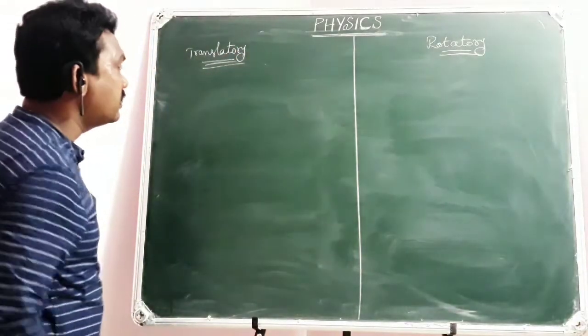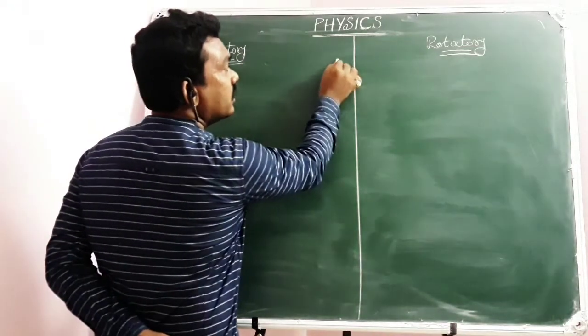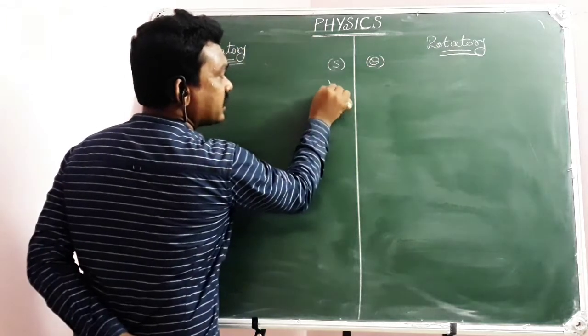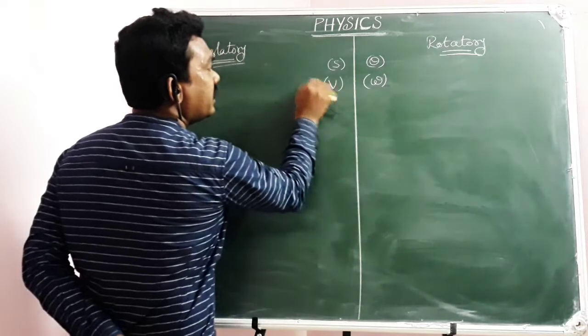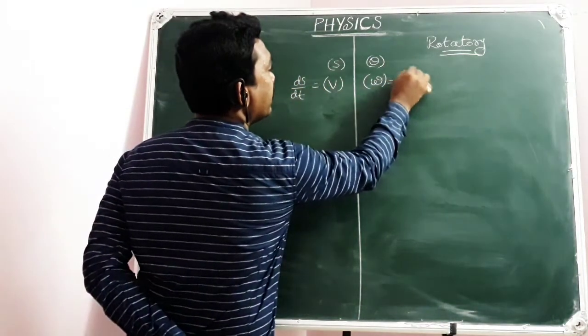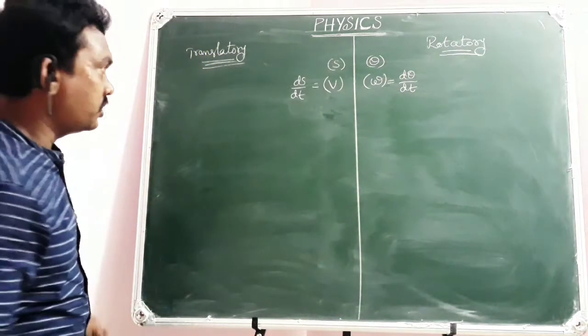Yes. So what have you learned here? If this is in translatory motion, here for displacement, here angular displacement. Here for velocity, here it is angular velocity. This is ds by dt and this is d theta by dt. Now let us talk about acceleration.